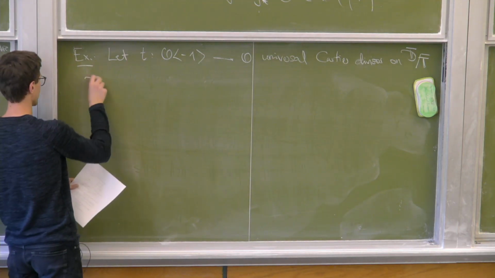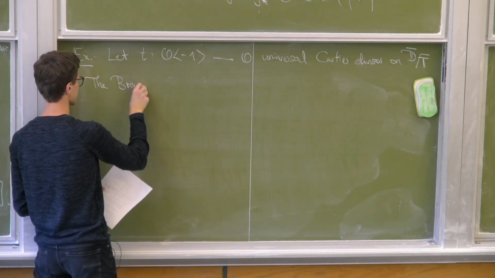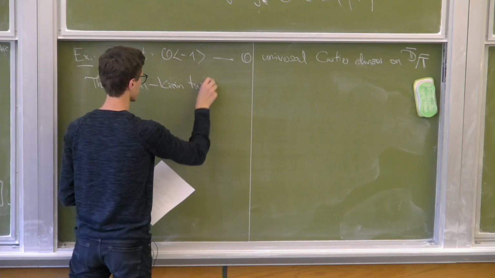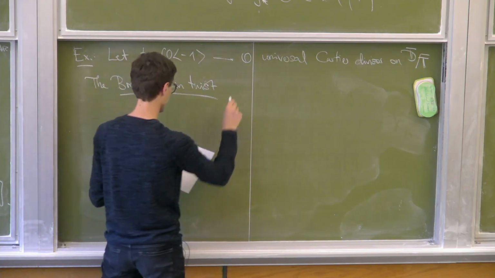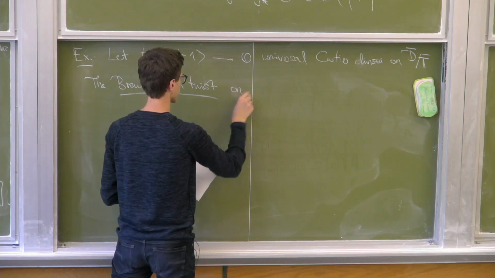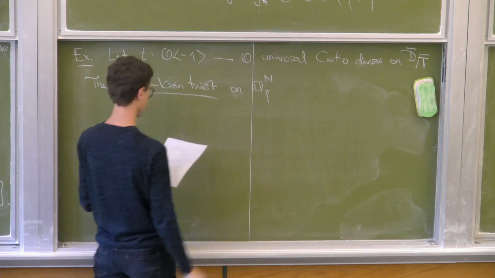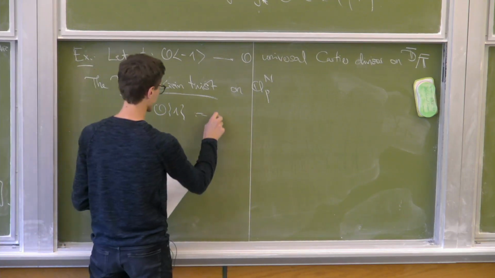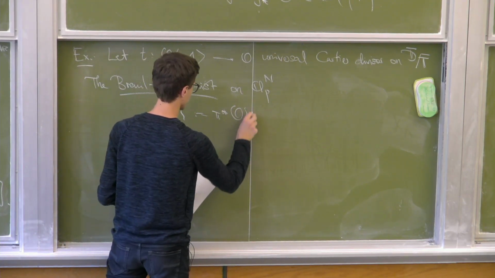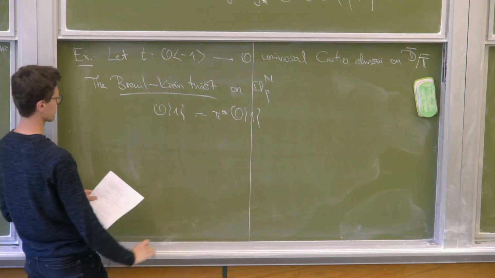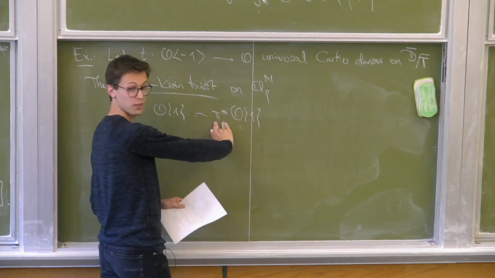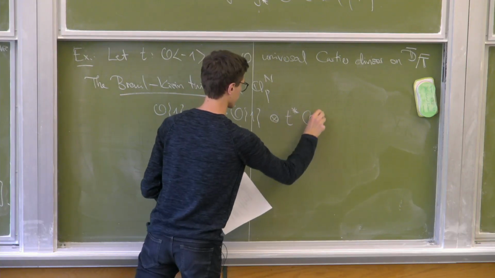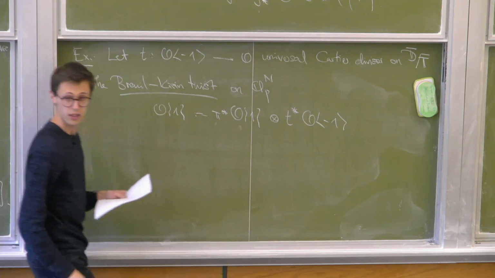And then I define the Tate twist, maybe first on the filtered prismatization, as the tensor product of the pullback of the Breuil-Kisin twist on the prismatization along this pi map with the pullback of this O(-1) along T.